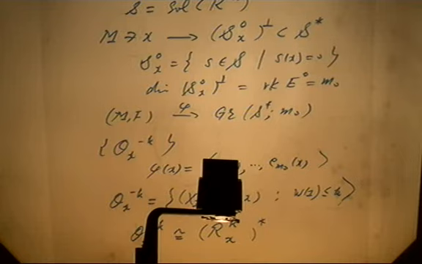Then we have a series of osculating spaces, and these osculating spaces are isomorphic to R K for K less than K0.